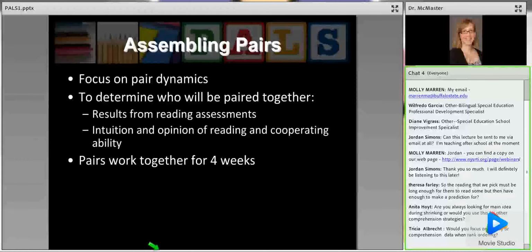If you collect some more data after about a month, kids may move around in their rank order. Plus, after you've done PALS for several weeks, you start to get a good idea of who the good coaches are and who needs those good coaches. So it's definitely part art and part science in pairing kids together.